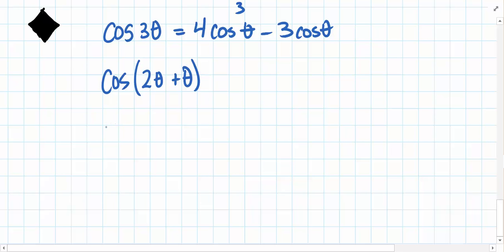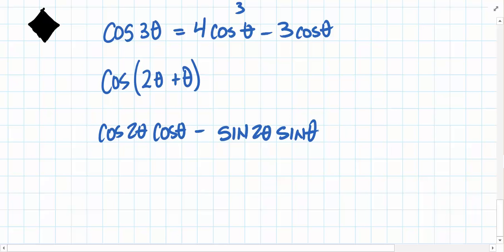So the sum formula for cosine says that we're going to have the cosine of 2 theta times the cosine of theta minus the sine of 2 theta times the sine of theta. Look at the sum formula for cosine. Look up your toolkit in 5.2. Sum formula for cosine. You see it? All right, tricky, right? No, they're different. One's 2 theta, one's theta, right?